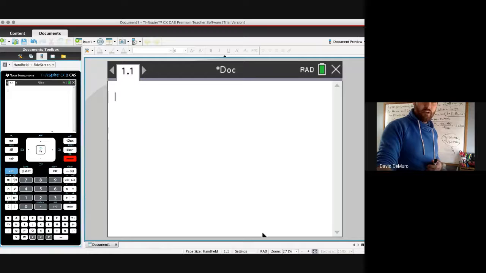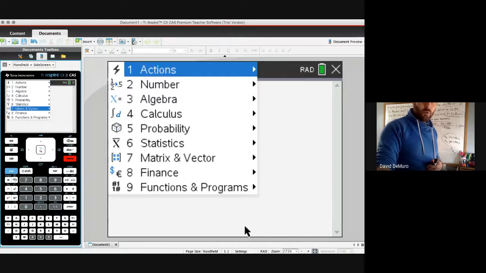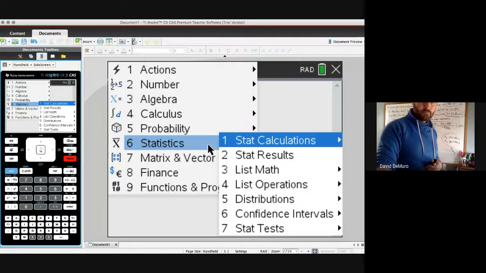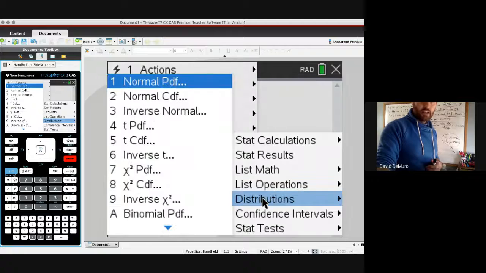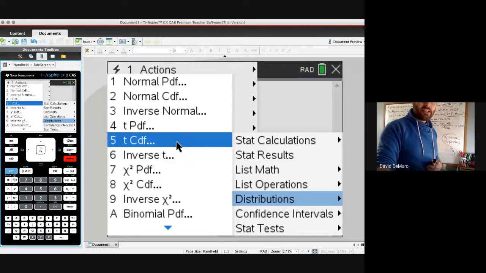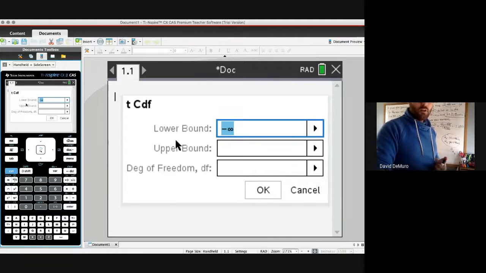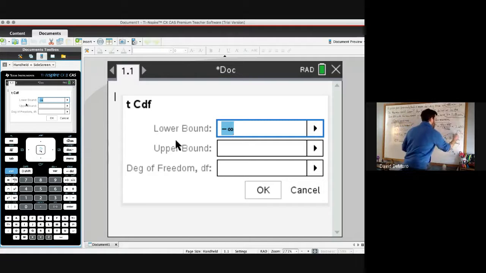You go into menu 6 for statistics, 5 for distributions, and then 5 for t-CDF. Because remember, our p-value is the area under that t-curve. Well, we're looking at a left-sided test. We're looking for the area to the left side of our t-score.